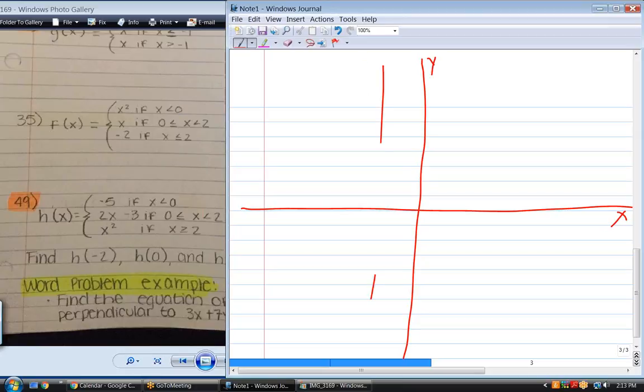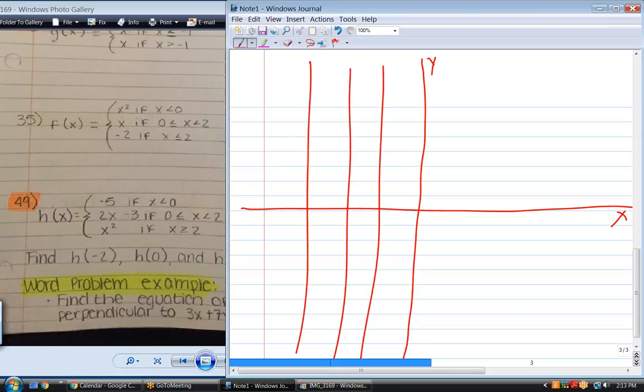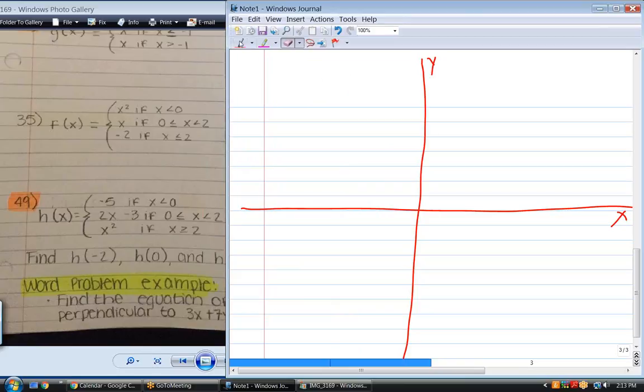Think of this in terms of stripes. Okay? In other words, what is our function when x is less than 0? What's the function? Right there.